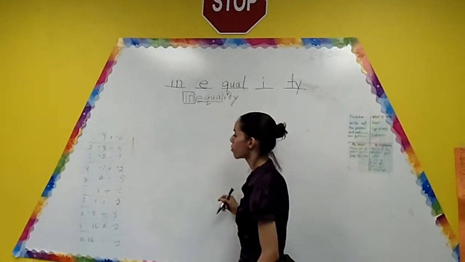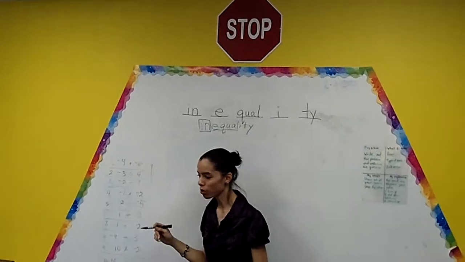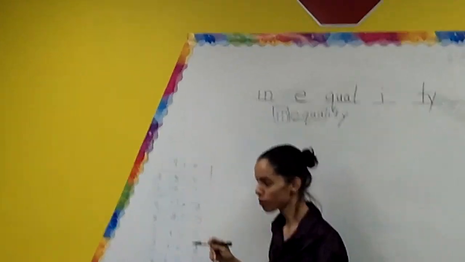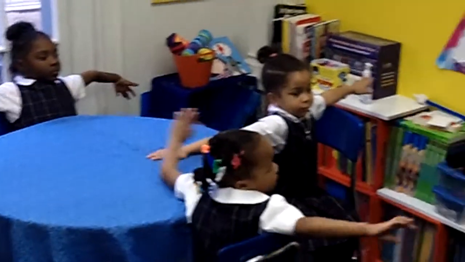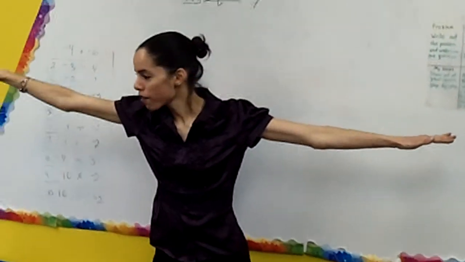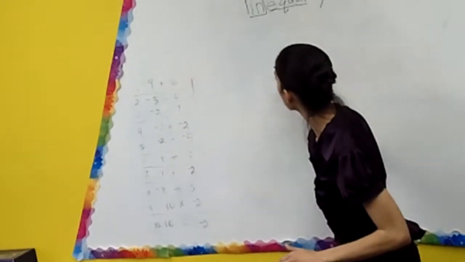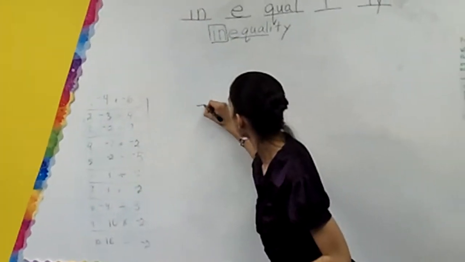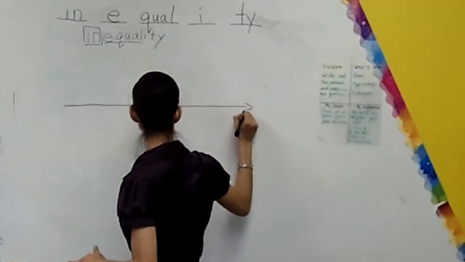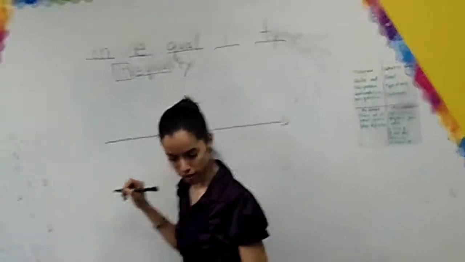Okay? So first I'm going to ask you guys to show me a line. Show me a line, because we're going to work with the number line today. We know that a line goes on forever in each direction. It covers all the numbers forever and ever in each direction. So I'm going to draw my number line. Okay, little bird, stop flapping your wings. Put your arms down.